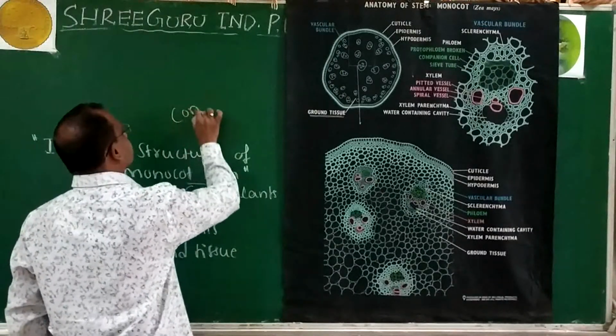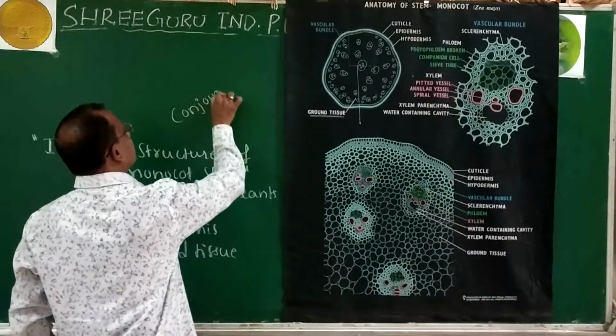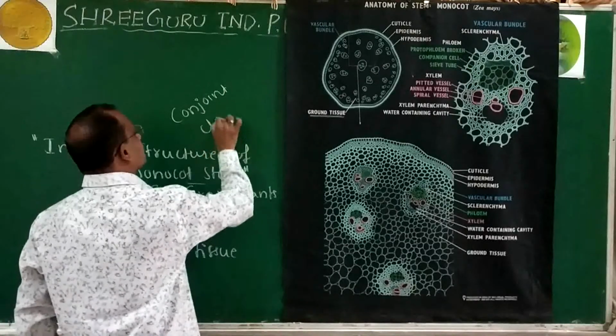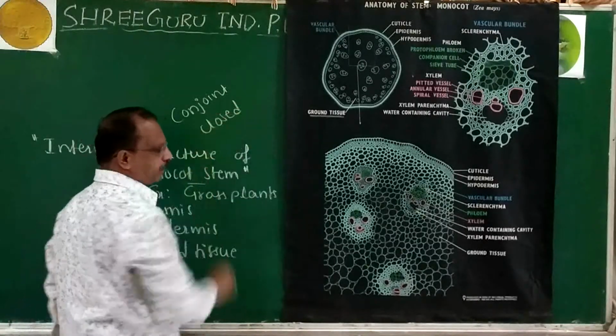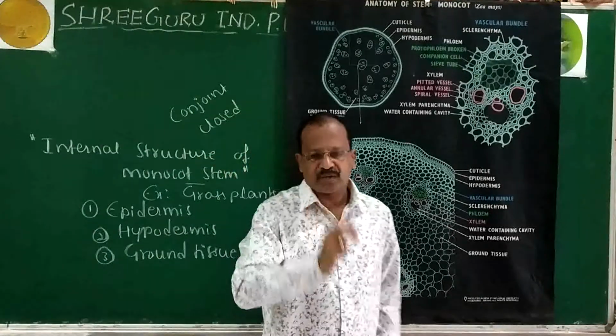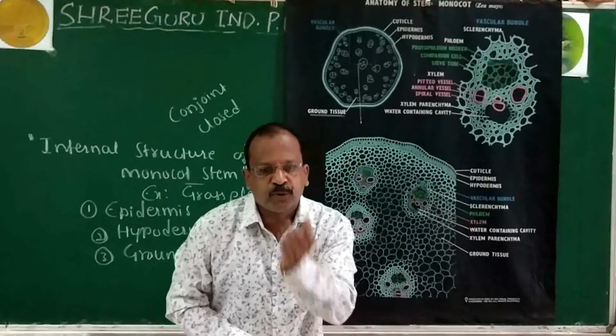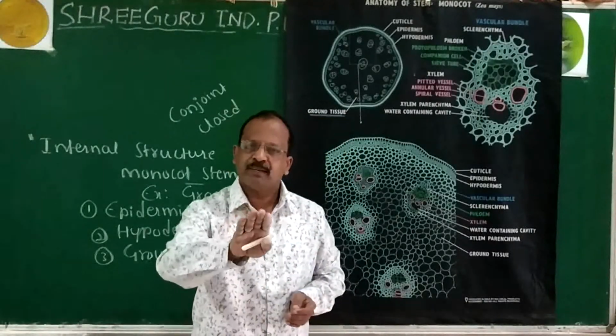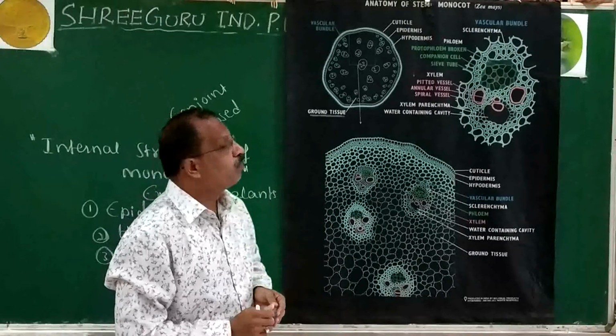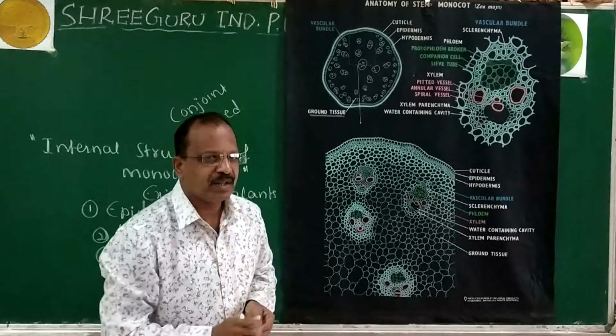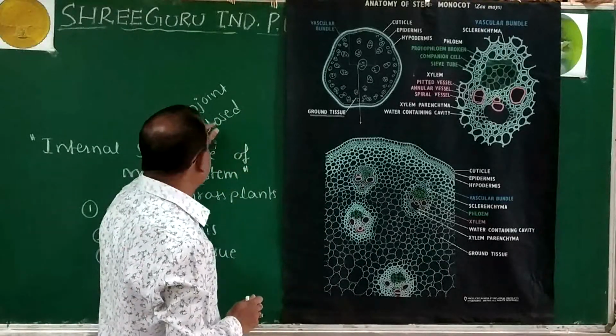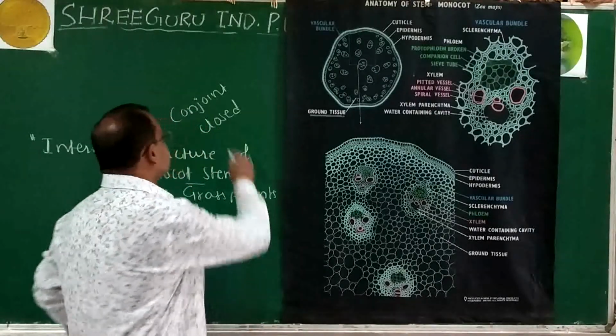Here, the vascular bundles are conjoint and closed type. In case of monocot stem, vascular bundles are conjoint and closed type.